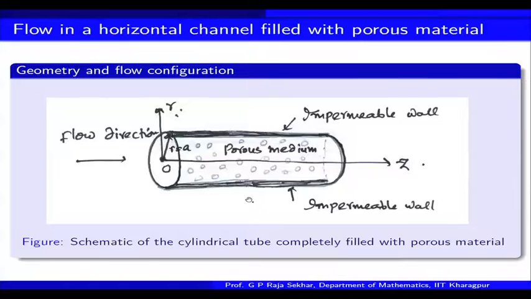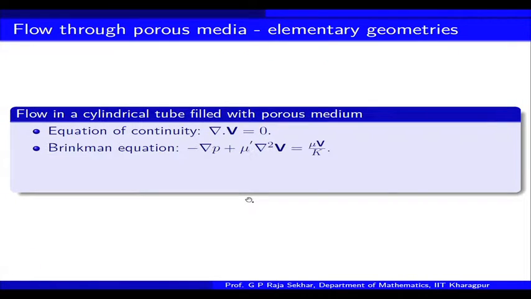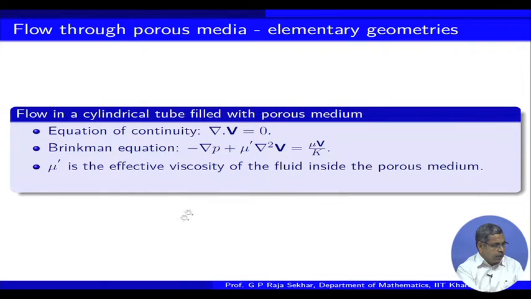A lot of filtration processes involve such geometries, and also flow through some tissues. Okay. So, you have veins which are like pipes, and then inside you have a lot of tissue involved. So, this gives some insights. Okay. So, let us look at the corresponding configuration and the governing equations.